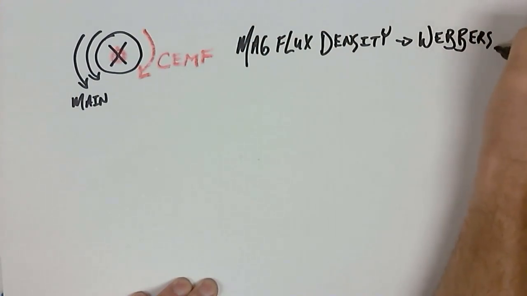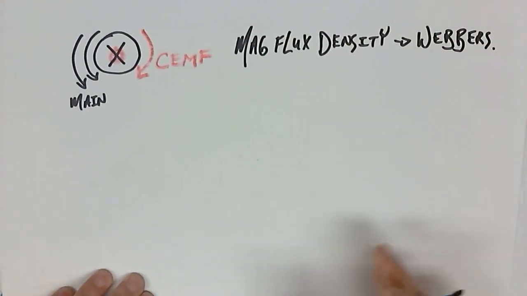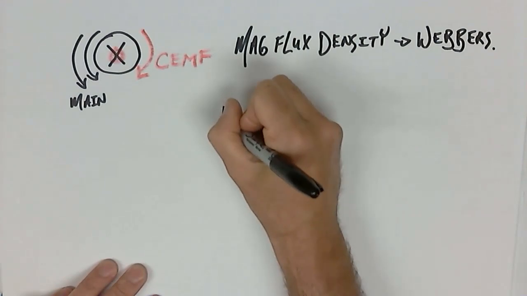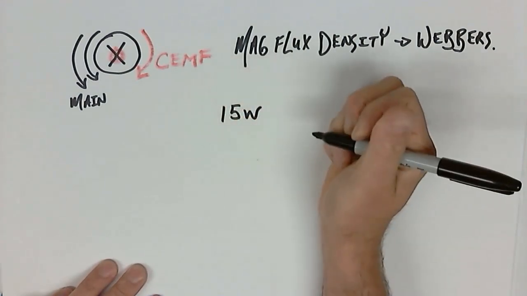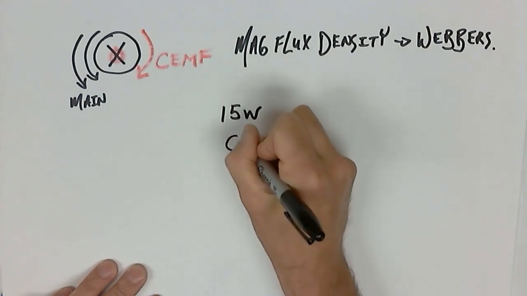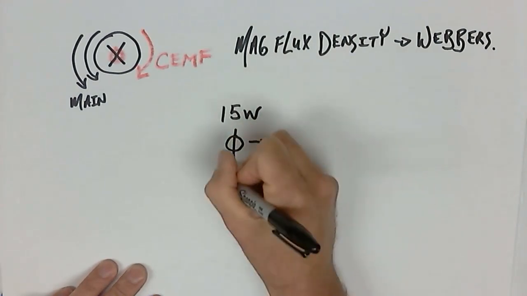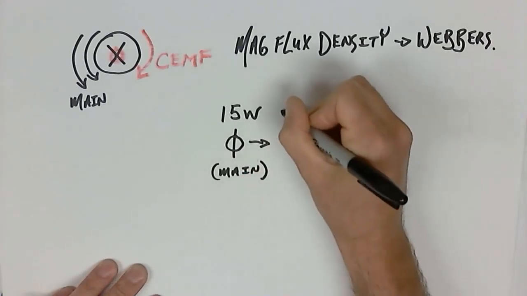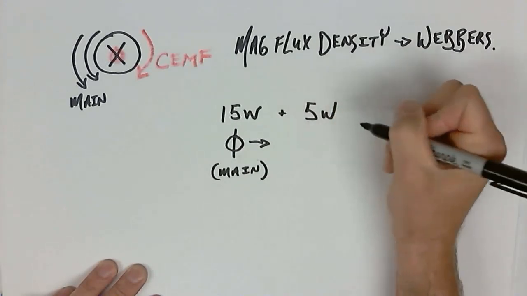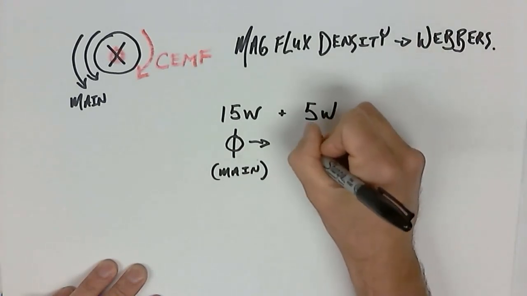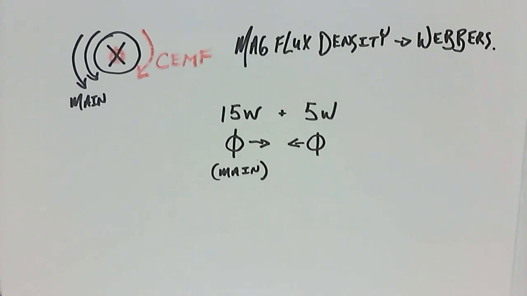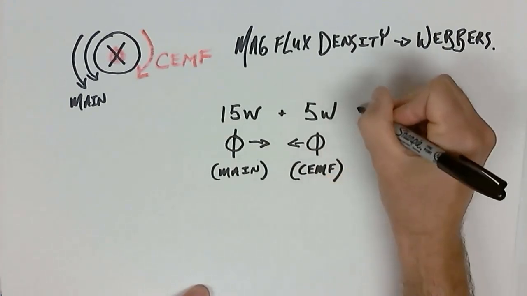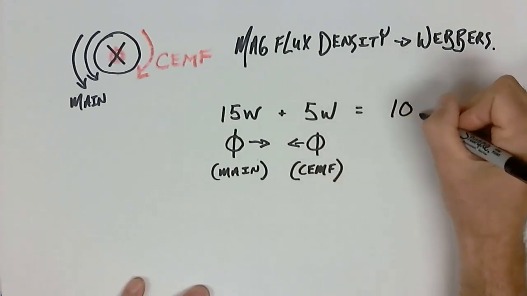And if it's measured in Webers, what that really means is that the main and the counter being in opposition to one another, if we said we had 15 Webers worth of magnetic flux that was traveling in one direction, and we'll say that's the main, and then we had 5 Webers of magnetic flux traveling in the other direction, and we'll call that our counter EMF, then what we're left with is less, right?